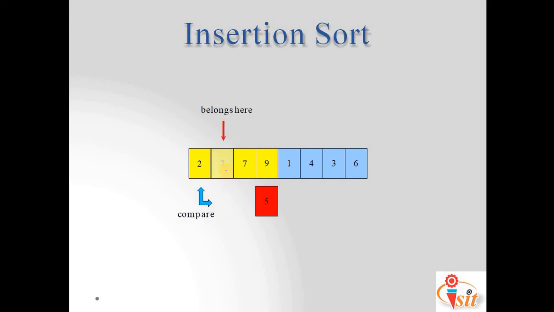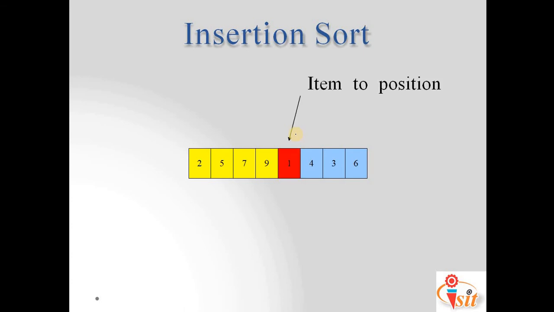Now 5 is compared with 2, and 5 is greater than 2. In that case we need to insert 5 in the second position, so 7 and 9 are moved to the next position. Now 2, 5, 7 and 9 are the sorted subarray and 1, 4, 3, 6 are the unsorted subarray.